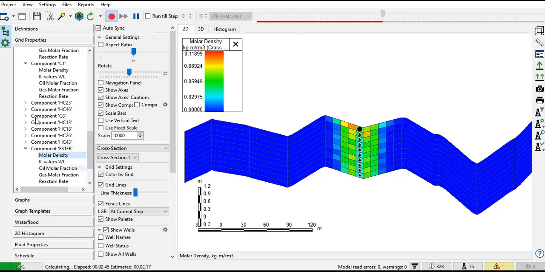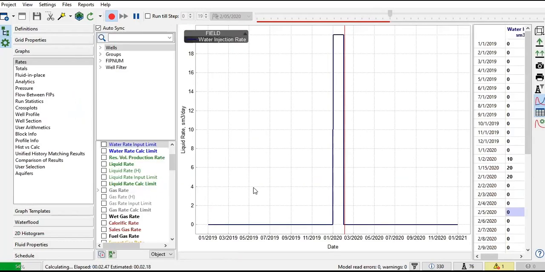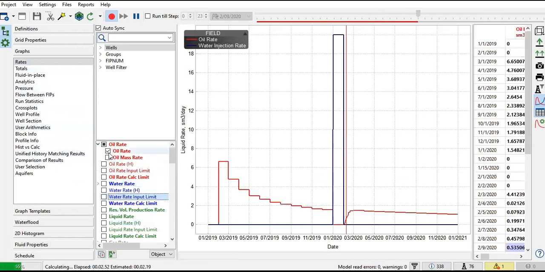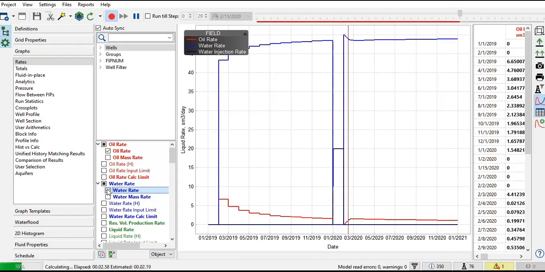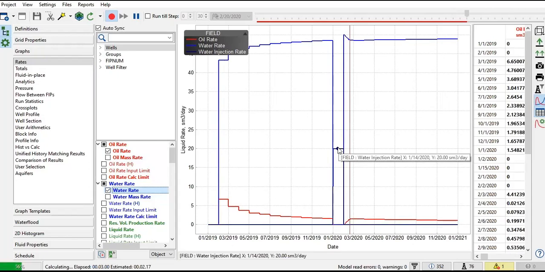Now let's check also the graph. Oil rate, water rate, okay, and then already the injection rate.